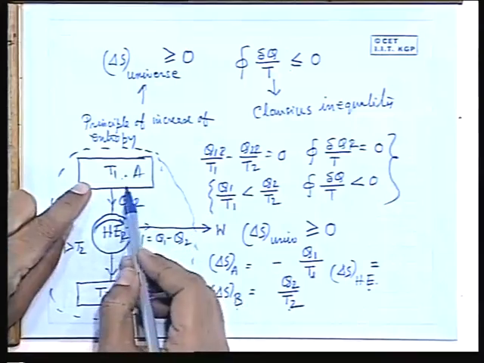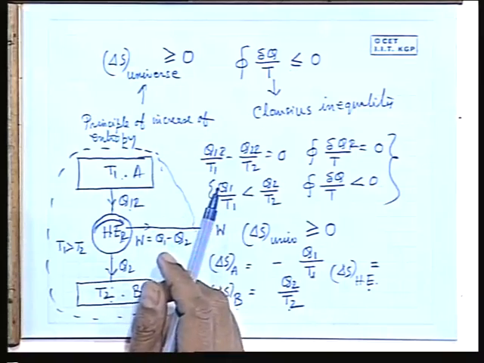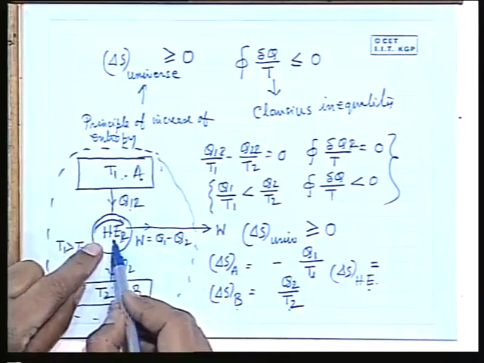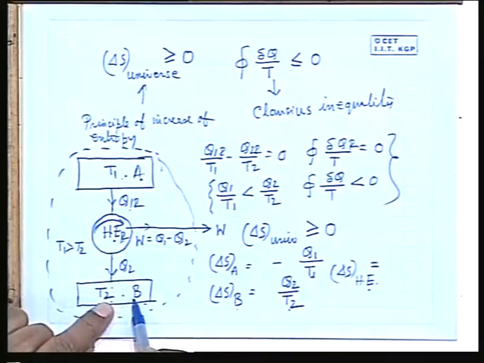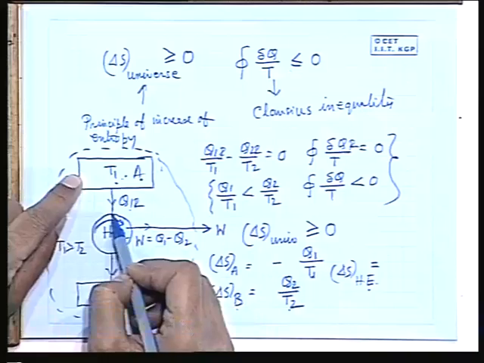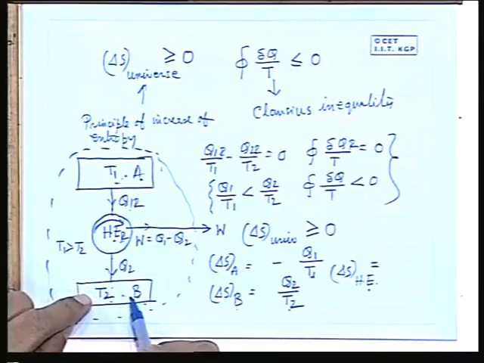Try to understand what are the systems. All interacting systems taken together constitute an isolated system. Here interacting systems are reservoir A, heat engine HE, reservoir B. Reservoir A undergoes a heat rejection process. Reservoir B undergoes a heat addition process.